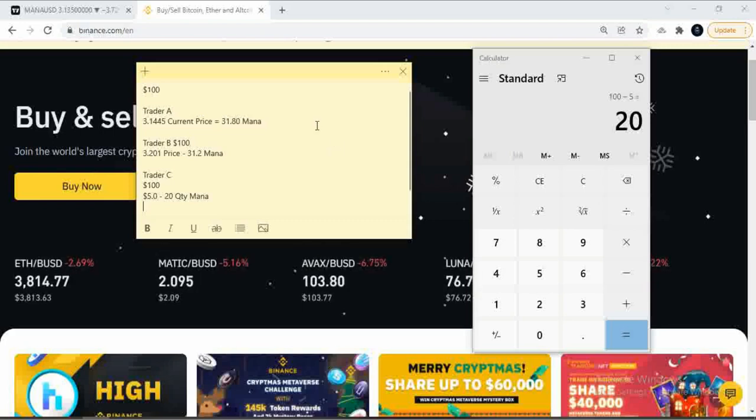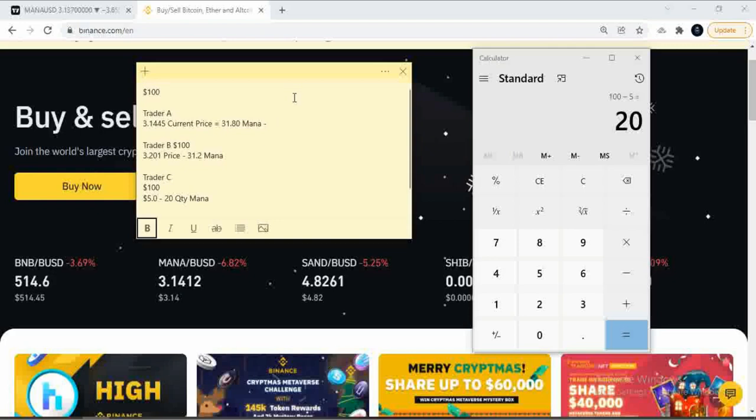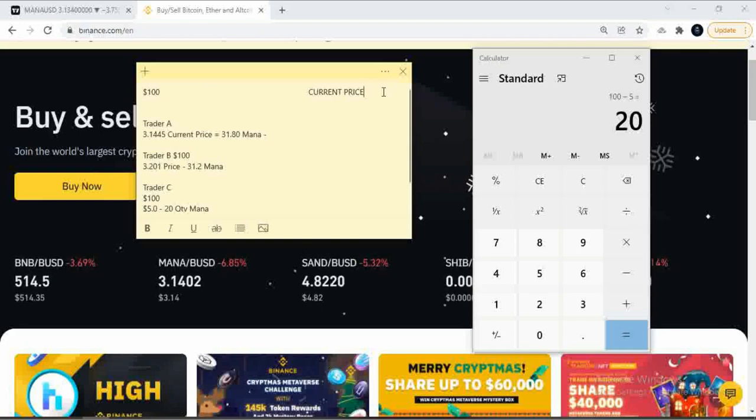Let's say MANA moves up to a current price of maybe $10. Let's put it at $10, that would be nice. So MANA moves up to $10.